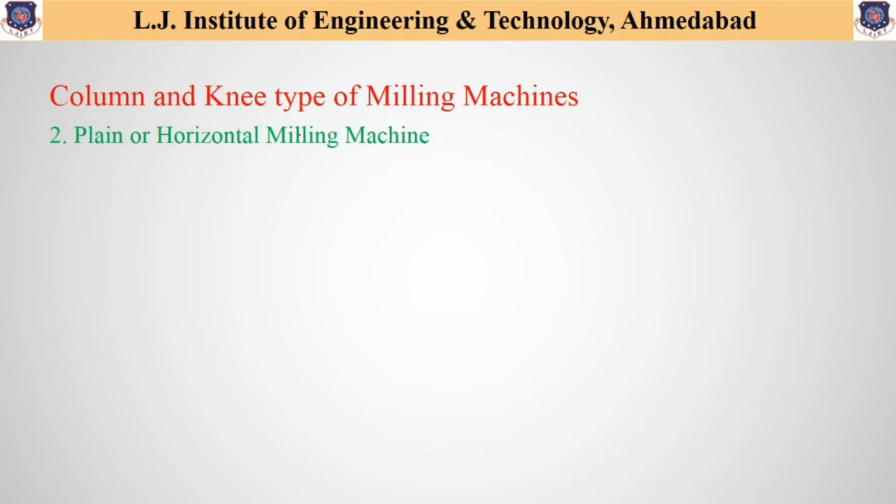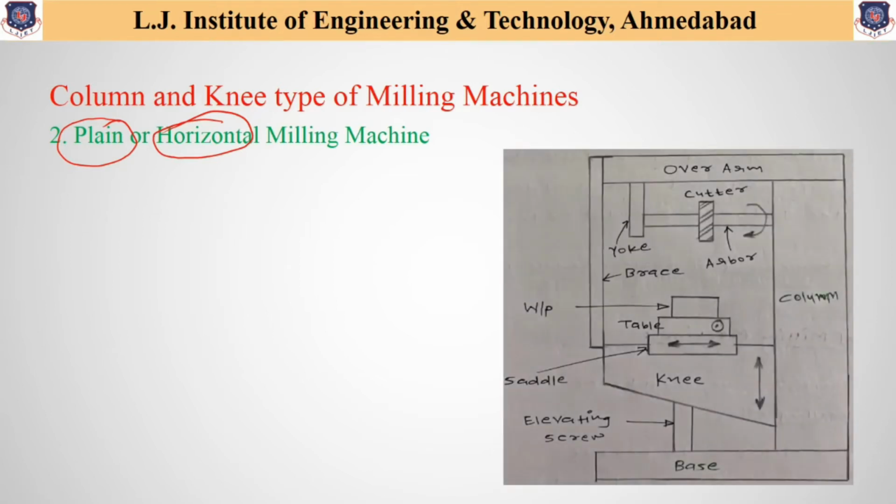Keep these two words in mind, plane or horizontal, because if the exam question asks you to explain plane milling machine in detail, or explain horizontal milling machine in detail, the answer remains the same, because this horizontal milling machine is also called the plane milling machine. Now to understand the different parts available in this milling machine, let us have a look at a simple 2D figure of this horizontal milling machine.